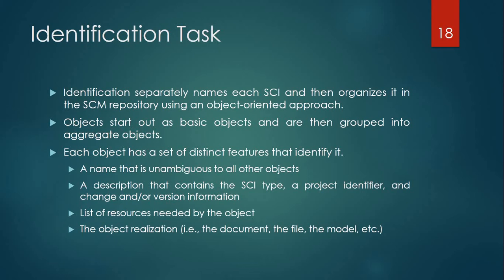It will have a name that is unambiguous to all other objects, means they will not conflict. A description that contains the SCI type, a project identifier, and change version information. A list of resources needed by the object will also be there. The object realization, for example the documentation, the file, the model, etc., will also be there in each object.